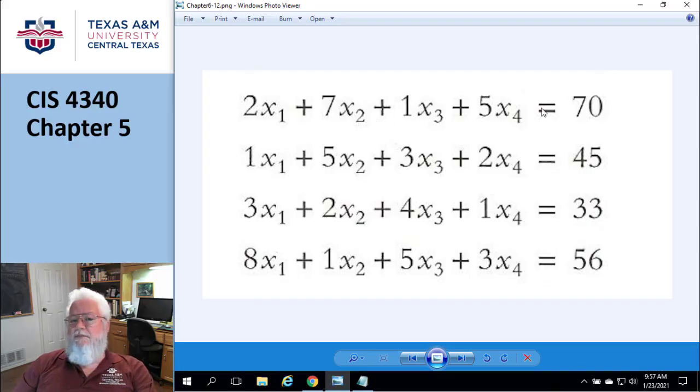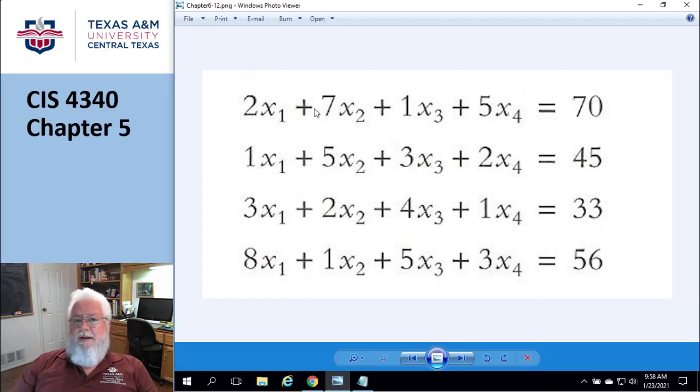Now, if you were to do this by hand, you would take all these things together and try to do a substitution for x, okay? In this case, it wouldn't be too difficult. Well, it might be a little difficult. x1 would be 70 minus 7x2 minus 1x3 minus 5x4, divided by 2. Did you see what I just did? In other words, remember how this thing works?